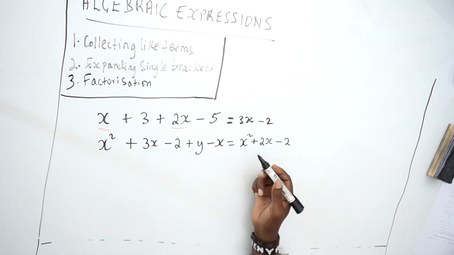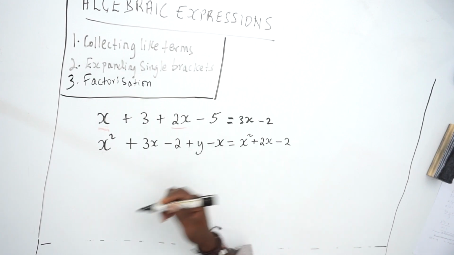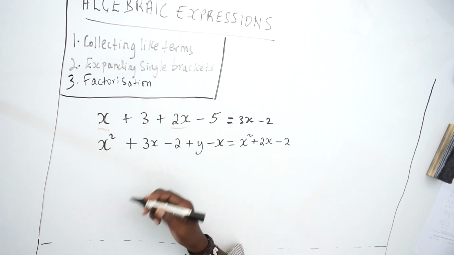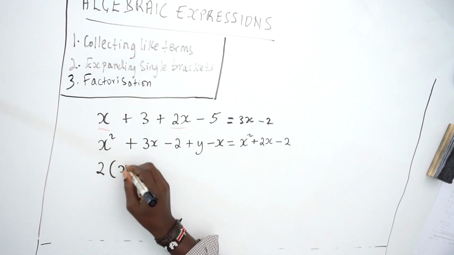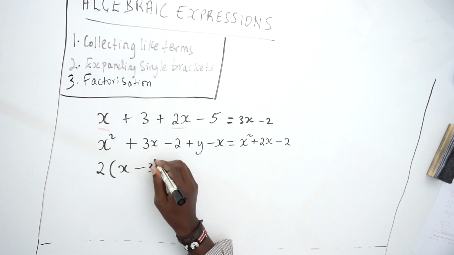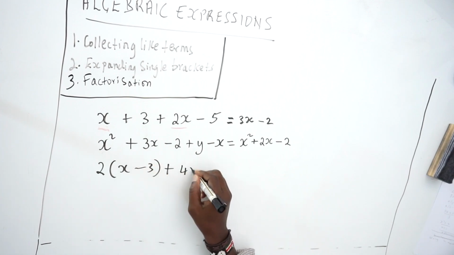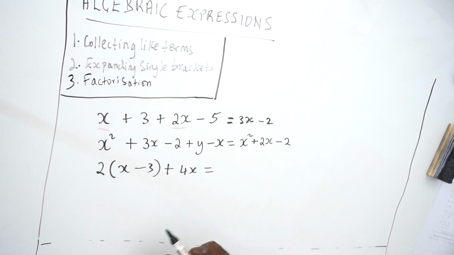There could also be expressions where you do have brackets involved, and to simplify them, sometimes you might end up needing to open those brackets. If I have an expression like 2 into x minus 3 plus 4x, I would first of all open this bracket. How do you open the brackets?